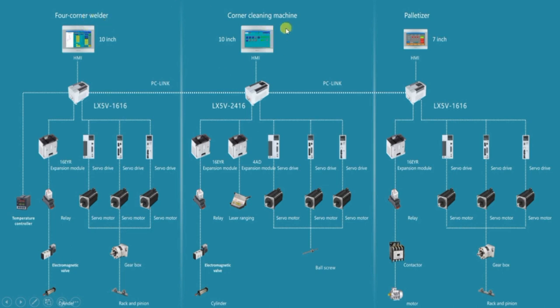Now we will see the overview of corner cleaning machine. So again, in the corner cleaning machine, I have told you there is horizontal movement, vertical movement, and the spindle is moving with angle. So there are three servo motors for that. Besides that, I have told you there is one laser machine and there is also relay, solenoid valves and cylinder because PLC operates the relay, relay operates the solenoid valve and it will operate the pneumatic cylinder.